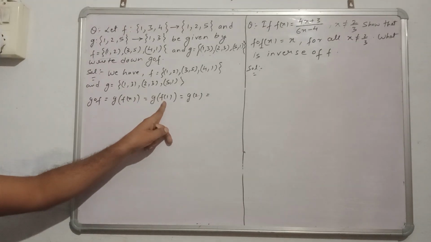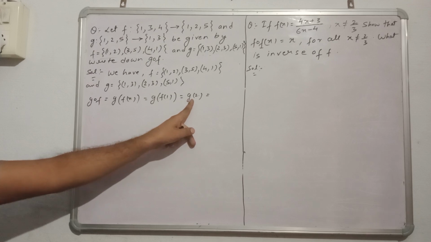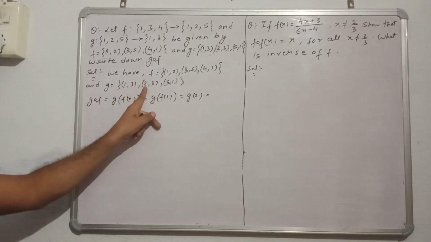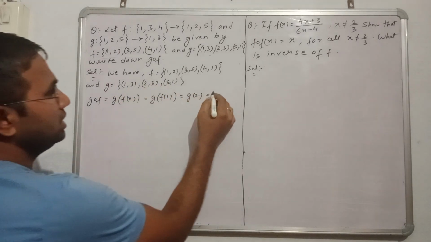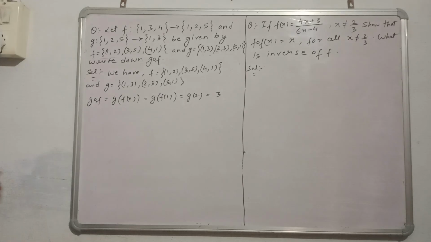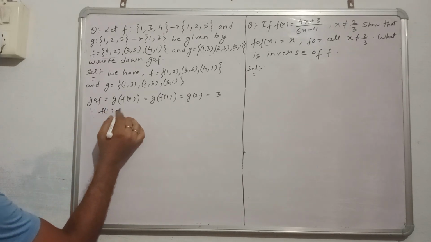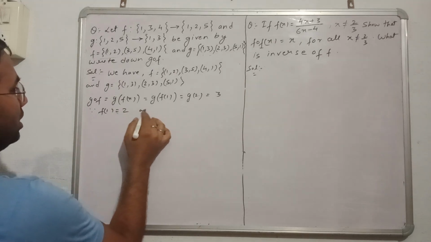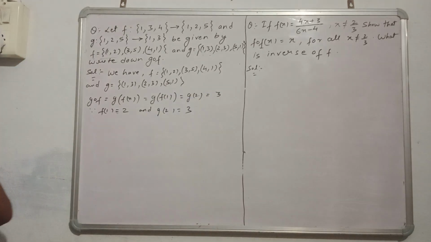At f(1) you are getting 2, now you have to find g of 2. At 2 in function g you are getting 3. Why is it written? Because f(1) is given as 2, and g(2) is given as 3. So in this way you will find gof.